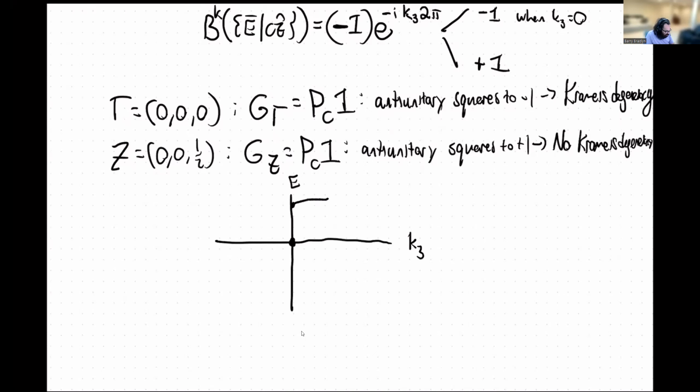So I'll have a band structure that looks something like this. However many bands, I just have a bunch of pairs at gamma. But at the Z point, my states are non-degenerate because there is no Kramers degeneracy. So at the Z point, I just have some single states.